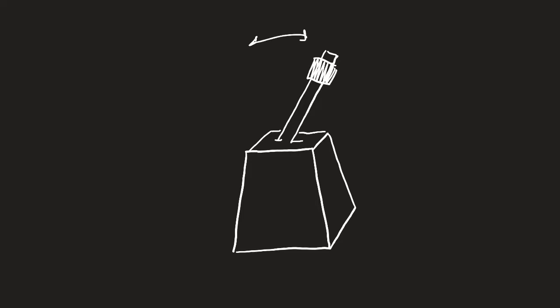And I know I'm taking care to draw this slowly because I really would like it to be recognizable. Who's seen one of these before? They go back and forth. Do you know what it's called?